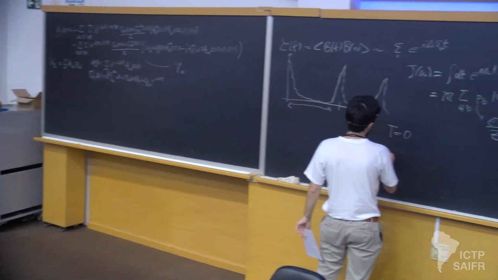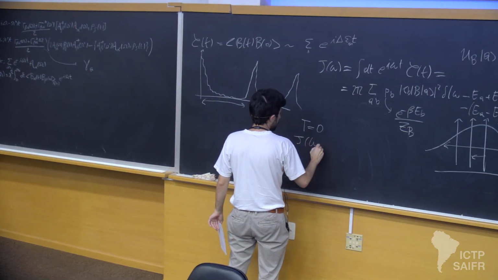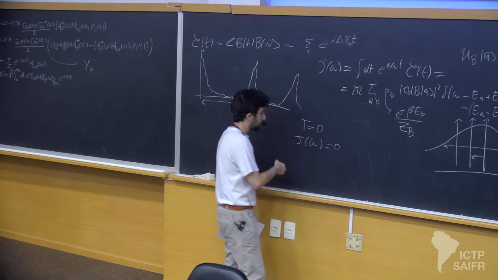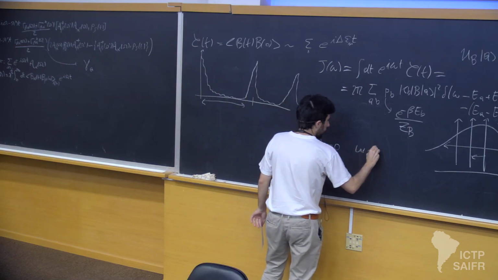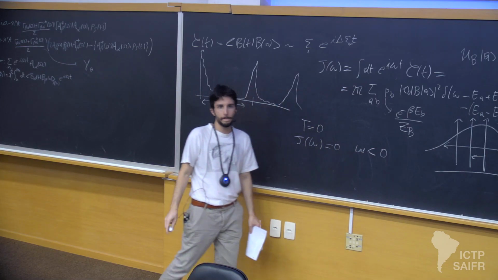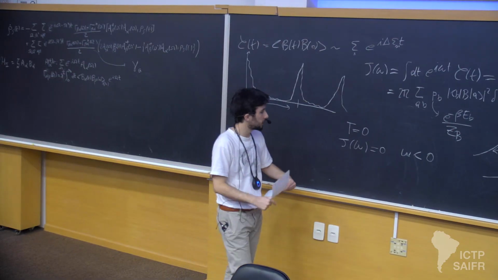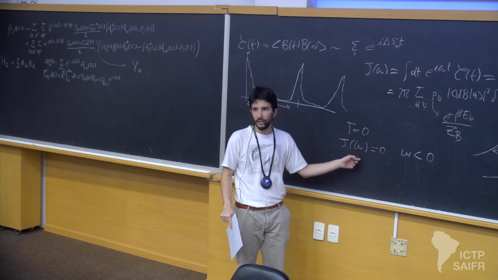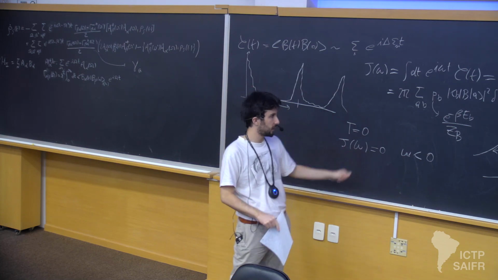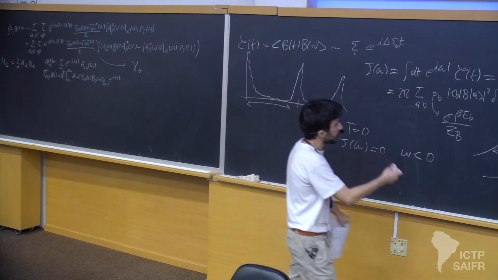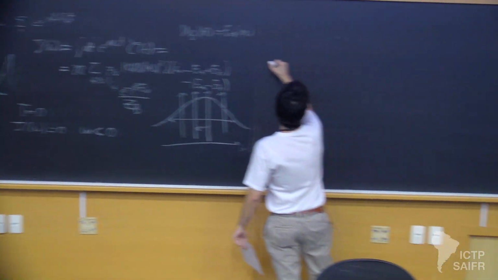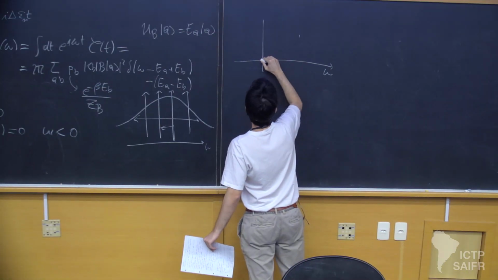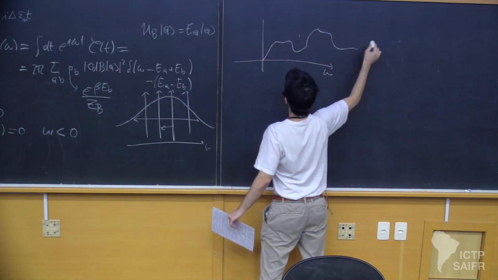So this means that at zero temperature, the spectral density is zero for all negative frequencies. So this is the way the existence of a ground state appears from the spectral density, which means that whatever it is, you're going to have something like this. Start at zero, then does stuff.